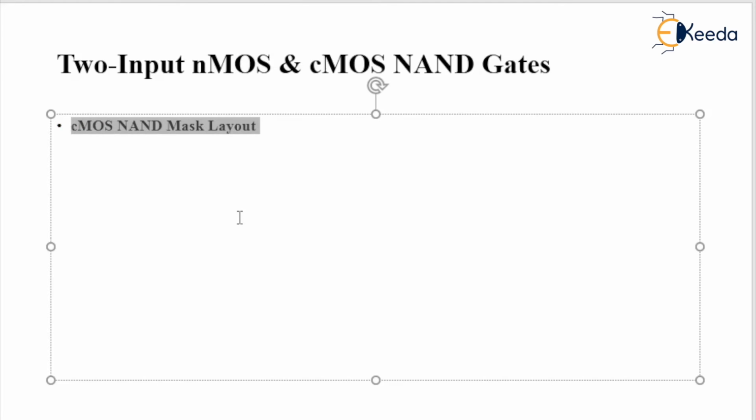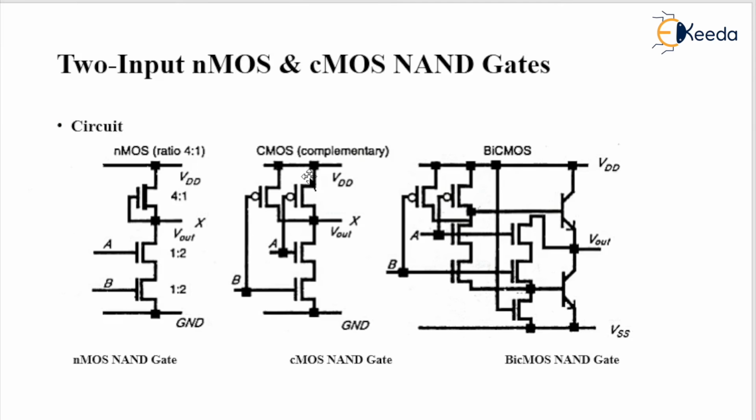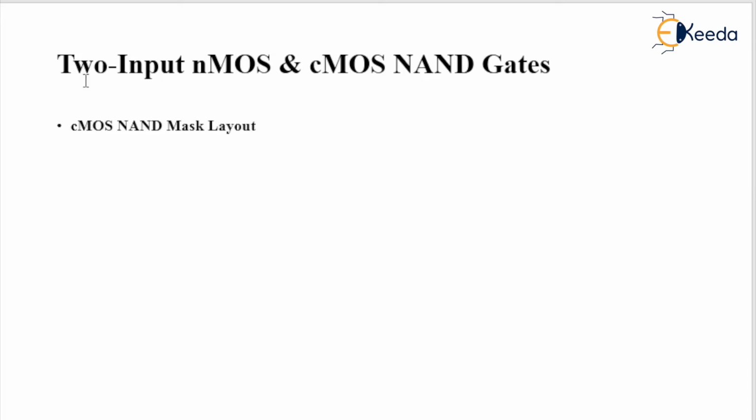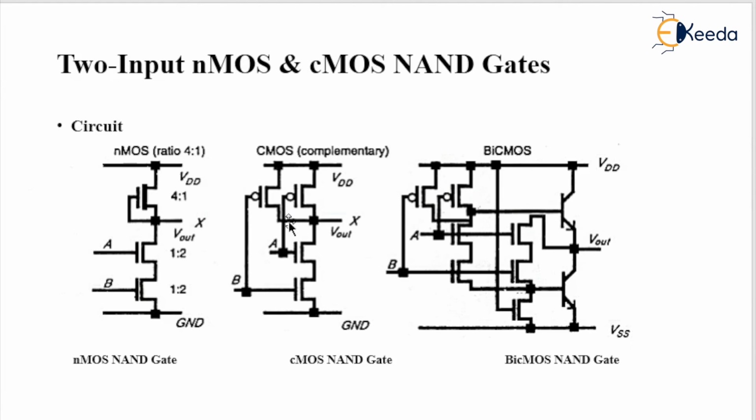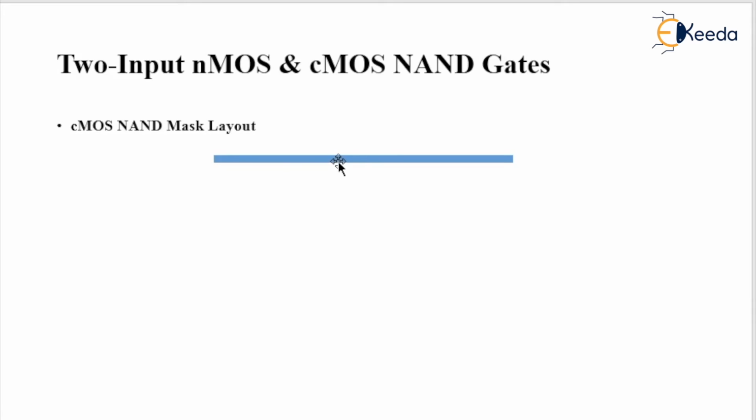First of all, this is our CMOS, so I require two metals here. The two metals should be represented with a blue color, so first I am taking a blue color bar. Why? Since it is a metal. That's the reason I am considering a blue color.